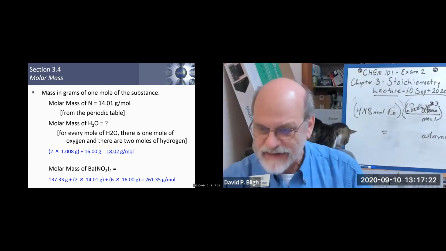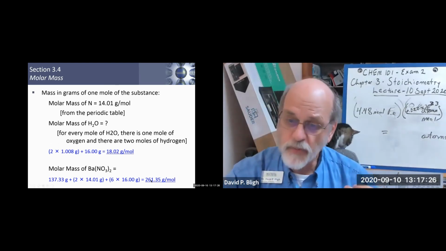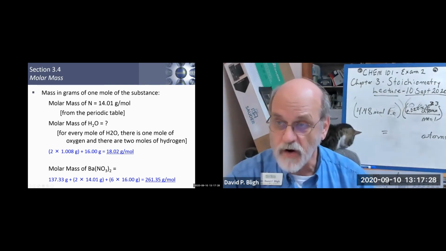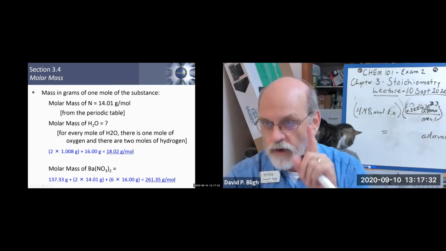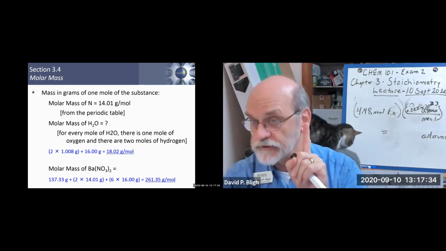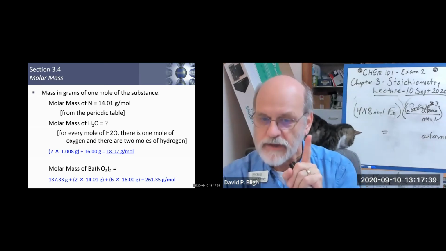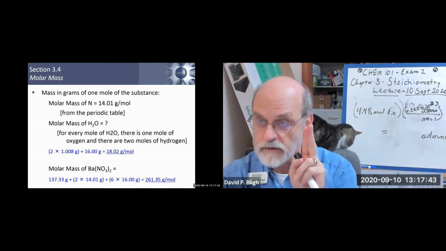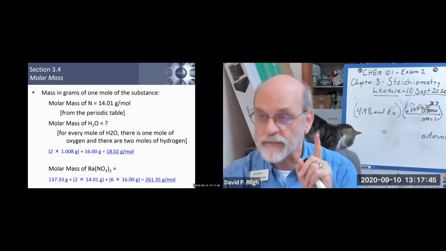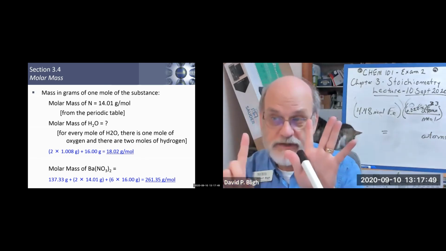So what does that mean? That means if you have 261.35 grams of naturally occurring barium nitrate, you know that you have 1 mole of molecules. If you have 1 mole of molecules, how many moles of nitrogen do you have? 2 moles. If you have 1 mole of barium nitrate, how many moles of oxygen do you have? You have 6 moles.